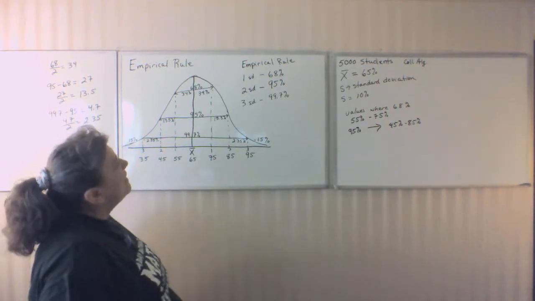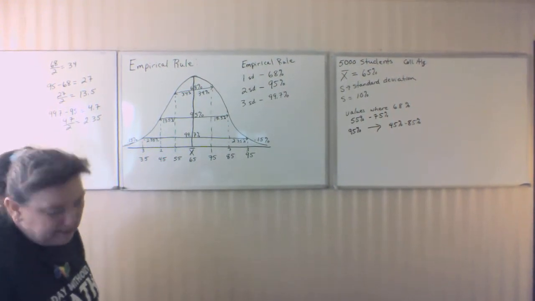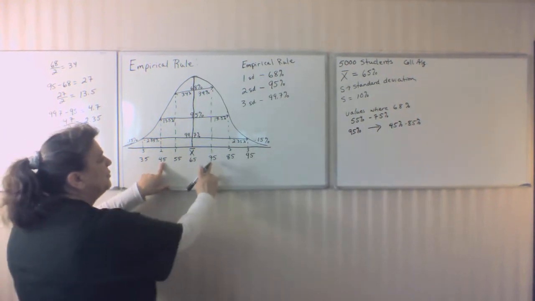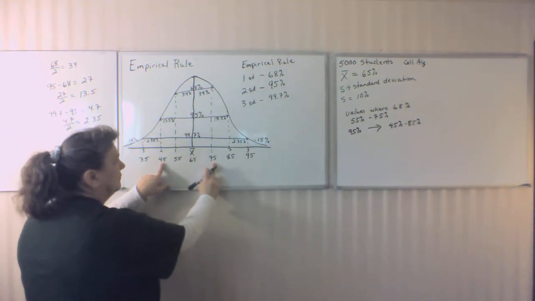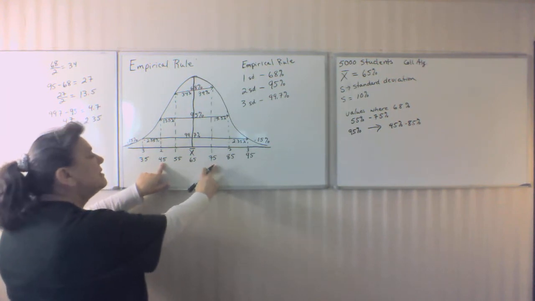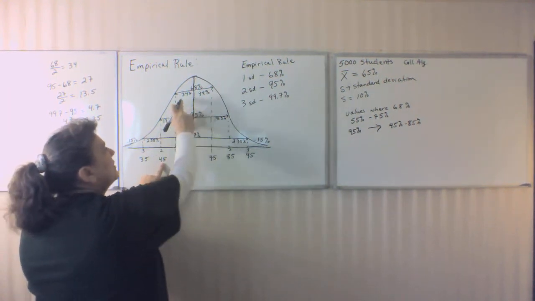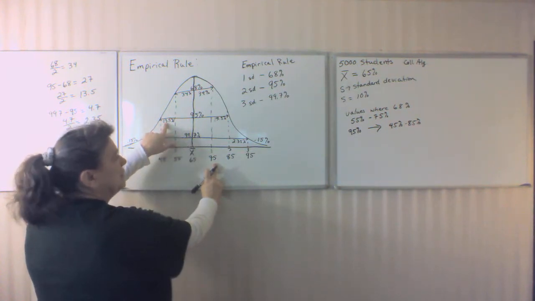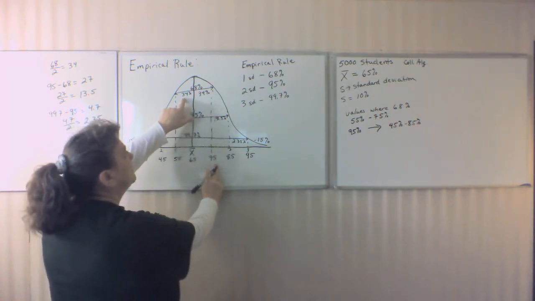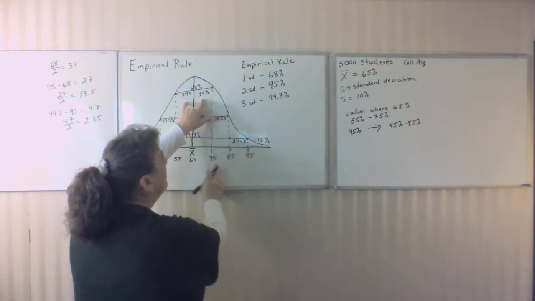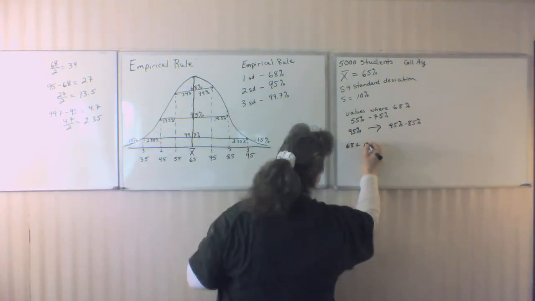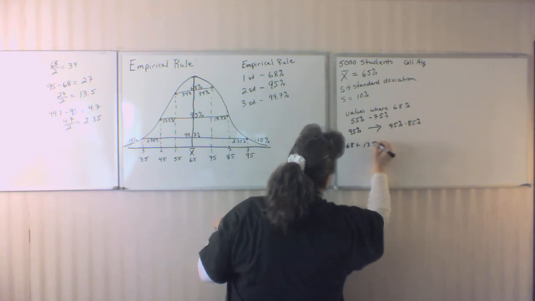What percent of the grades lie between 45 to 75? Well, this isn't hard to do if you have completely broken it down. What do I have? A 13.5% plus 34 and 34, which would be a 68, plus 13.5%.